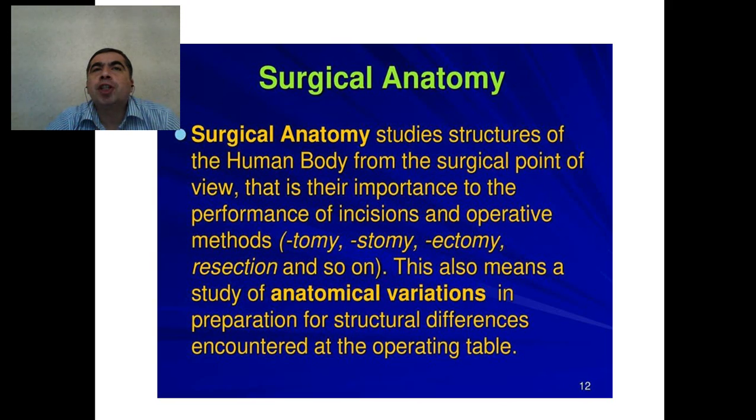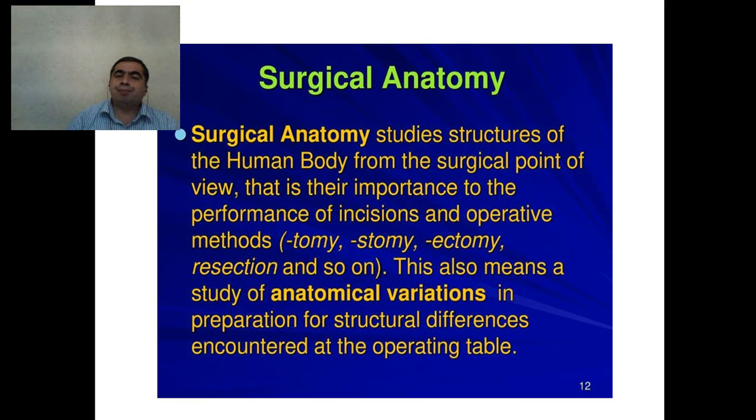Yes, the topographic anatomy begins this process, it exactly defines the position, location of the structures, vessels, nerves, their way, direction, the three-dimensional position of this organ, and gives you the exact information about this region.